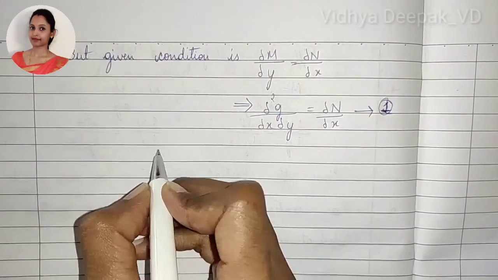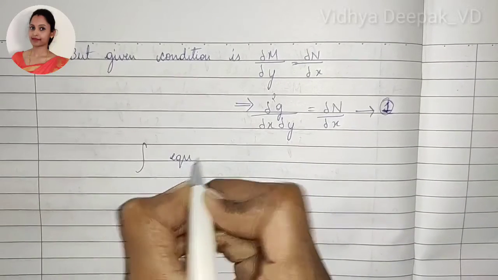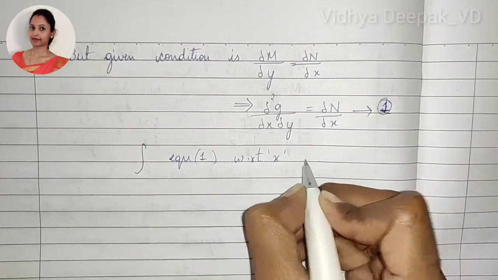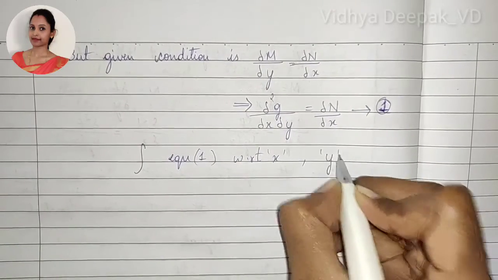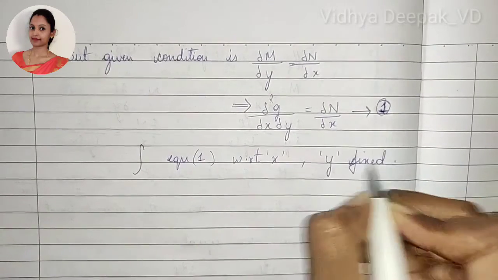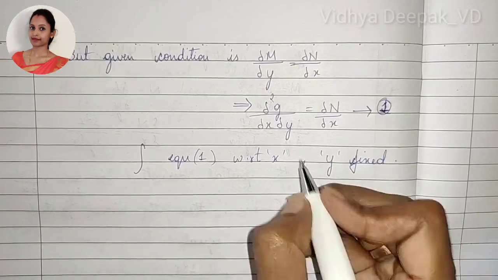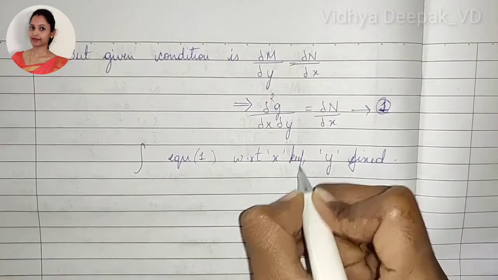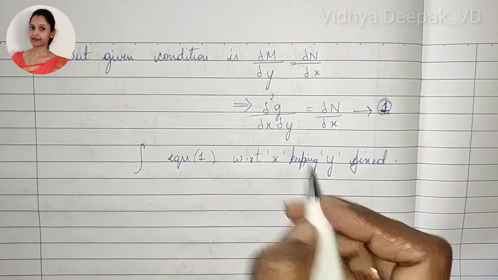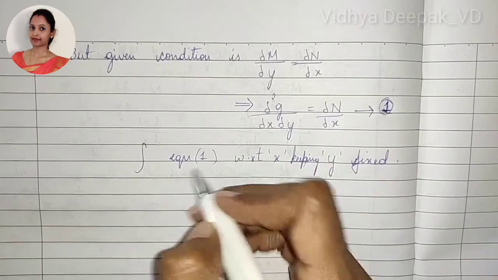Now integrating equation 1 with respect to x, keeping y fixed. So integrate this. What do you get? One differentiation and one integration get cancelled.